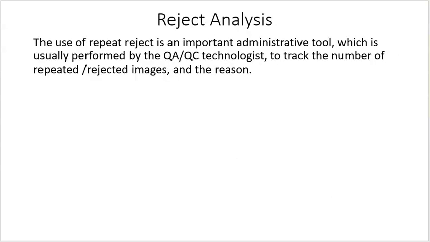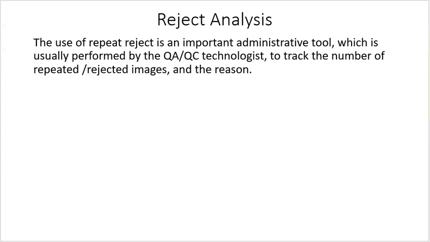Reject analysis. The use of repeat reject is an important administrative tool which is usually performed by the QA/QC technologist to track the number of repeated rejected images and the reason. So if you are a technologist and you are constantly rejecting your images on the QC monitor, you're constantly taking bad images, you have to reject them and go do them again, they keep track of that.